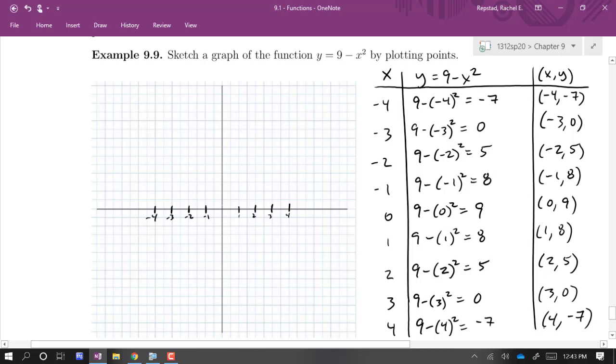But I need to go up further and down further on the y-axis, so I'm just going to do 1 for 1. So there's 9. And then the others were 8 and 5.